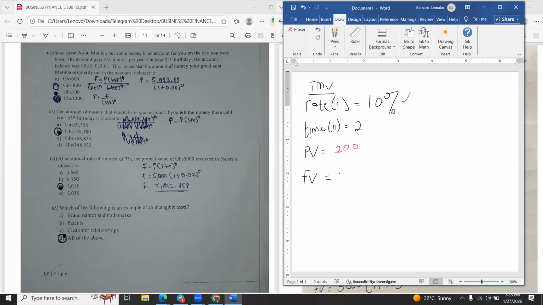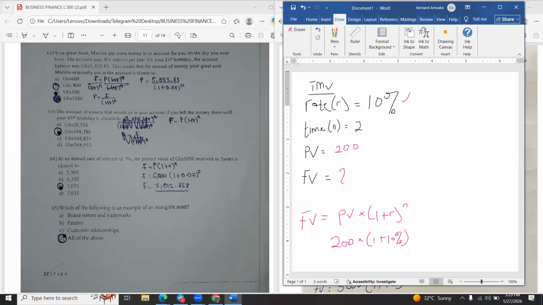So you want to know how much your friend is entitled to give you. That one, we say we compound the present value. So future value is equal to the present value multiplied by 1 plus the rate raised to the power of the number of years. Now the present value being 200, multiplied by 1 plus 10% raised to the power of 2 years.